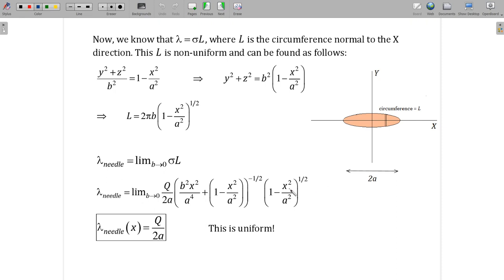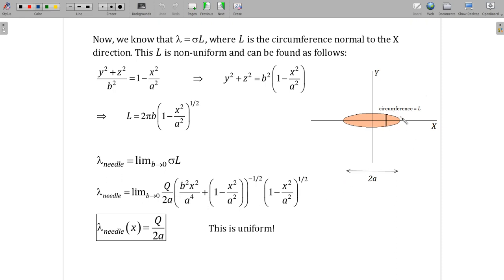So I can see, for example, that if I put x equal to a here, this whole term becomes 0, because at x equal to a, this is 0, this is also 0, but this is non-zero. b square x square by a to the power 4 is non-zero for x equal to a, and therefore the whole thing becomes 0.